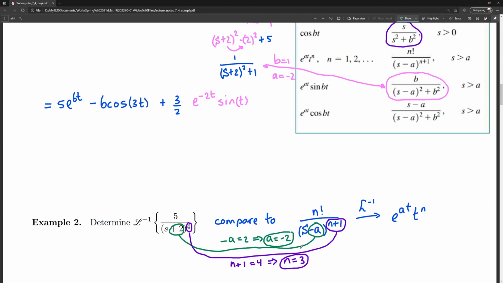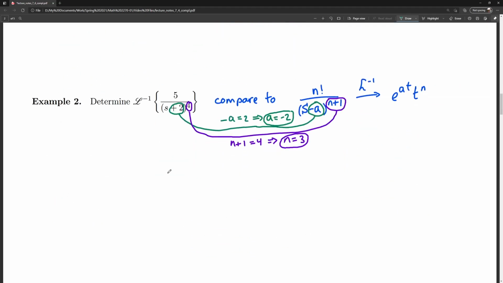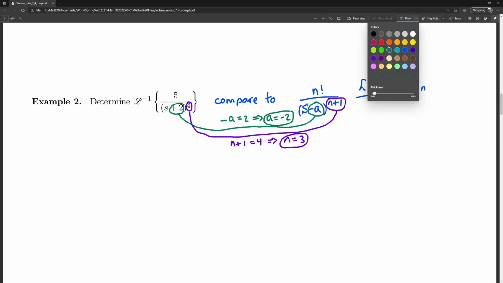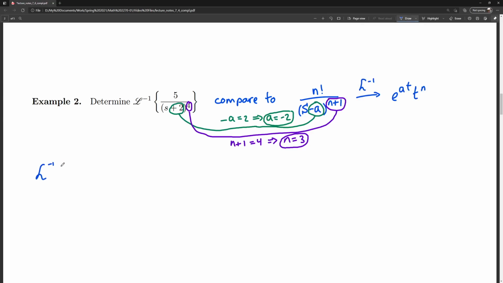So let's summarize what we found here. We know that the Laplace inverse, very generally, of n factorial over s minus a to the power n plus 1, is e to the power at t to the power n.